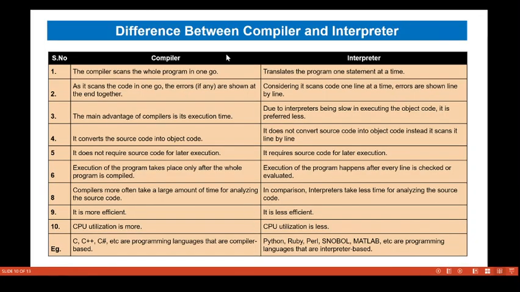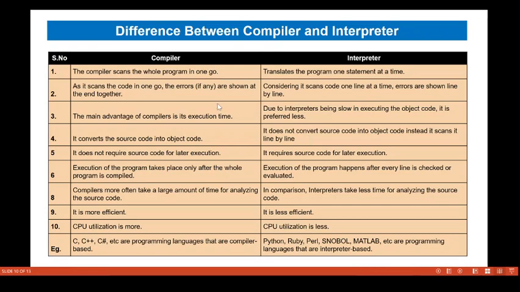Then what is the difference between compiler and interpreter? From my previous slides I made mention that the compiler and interpreter are the same because they are both used in translating a high-level programming language into a low-level programming language. But there are differences between them, about 10 differences.